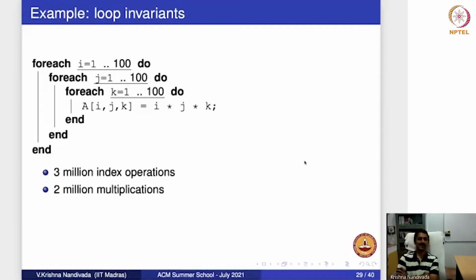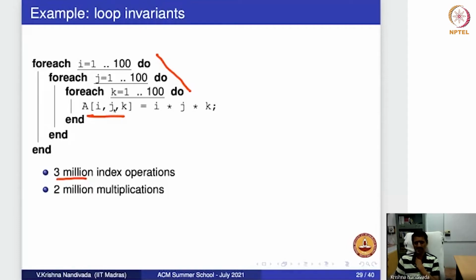I have a for loop nest, 100 cross 100 cross 100, and I'm initializing the values of this three-dimensional matrix A. Do you see that I have a total of 100 cross 100 cross 100 iterations, and here I have 3 million index operations, correct?